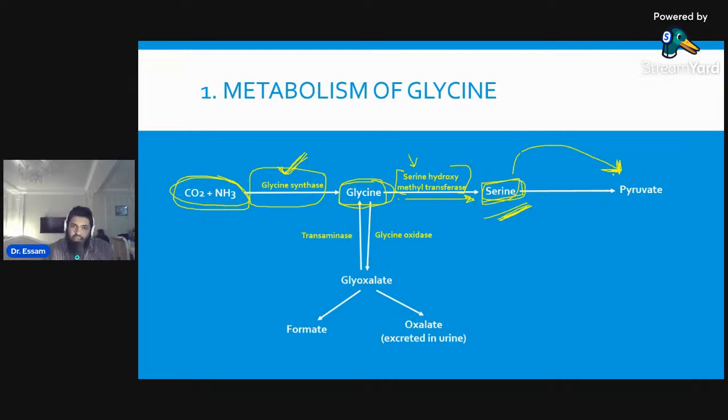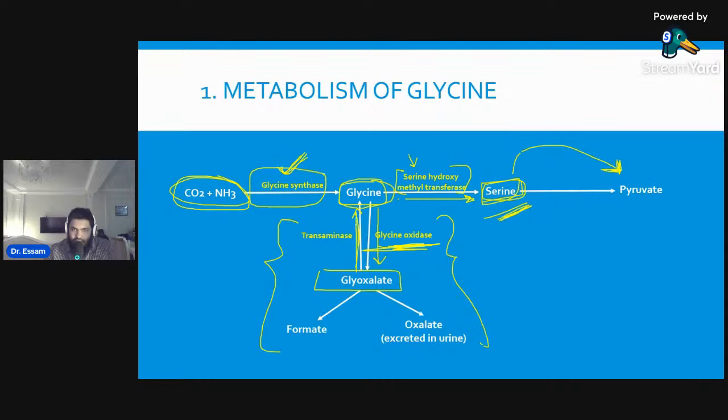Okay. And now, this part is important for you as doctors. Because from this bottom part, I am going to tell you one disease. So, let's see what the reactions are. See, there is one arrow which is coming down and one arrow which is going up, which means glycine can form glyoxylate with the help of glycine oxidase.